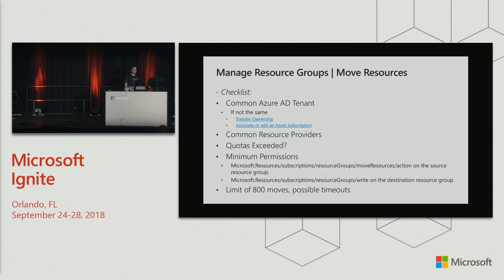If it's not using the same Azure AD tenant, then we're not talking about a move, we're talking about a transfer. What's the difference? In most scenarios, there's downtime involved. If you just move resources, there's a lot of stuff happening in the backend. If you transfer, it's not always online.